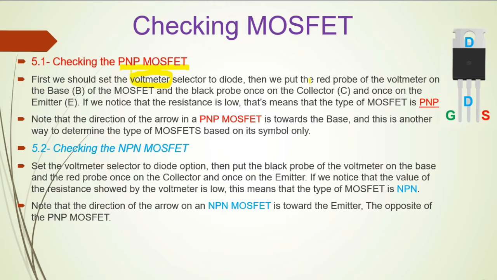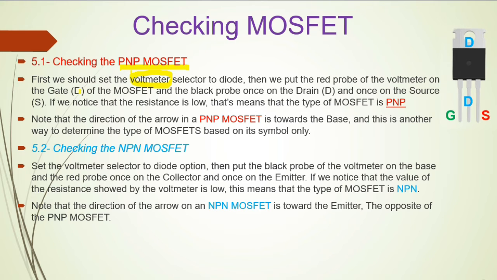Then we put the red probe of the voltmeter on the gate of the MOSFET. So we should put the red probe here on the gate. As you see, this is the first terminal of this MOSFET. We have here the gate. And then the black probe once on the drain and once on the source.